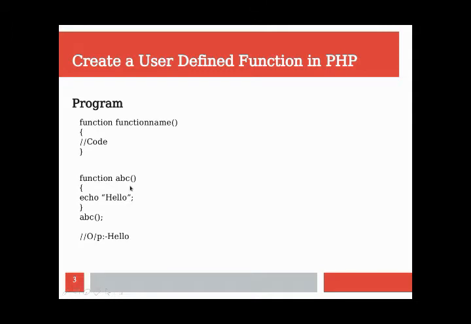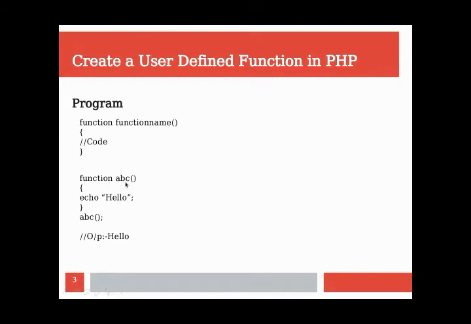ABC is the name of that function, with empty parentheses. The left curly bracket means the beginning of the function ABC. Here is the display statement, echo, and within double quotes hello, then a semicolon. Hello is the string, the semicolon is the separator, and the right curly bracket shows the end of the function. And ABC, empty parentheses, semicolon means here we call the function ABC.